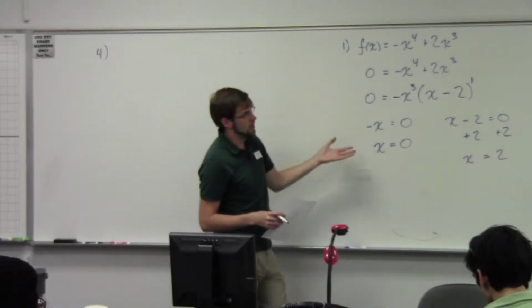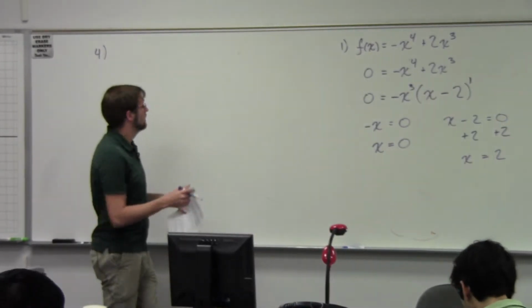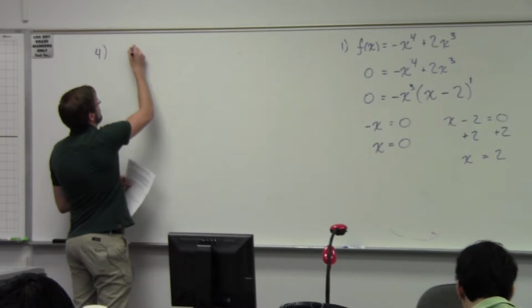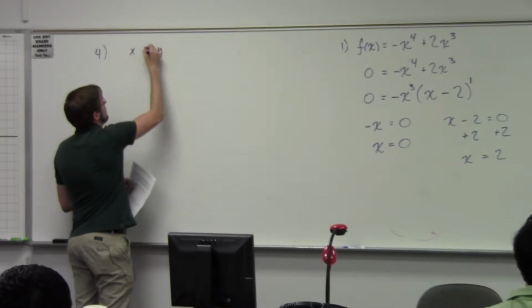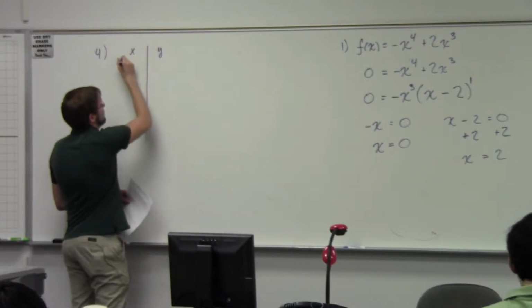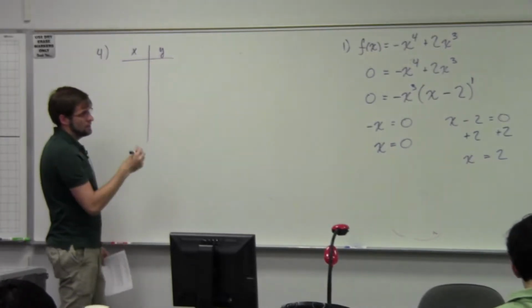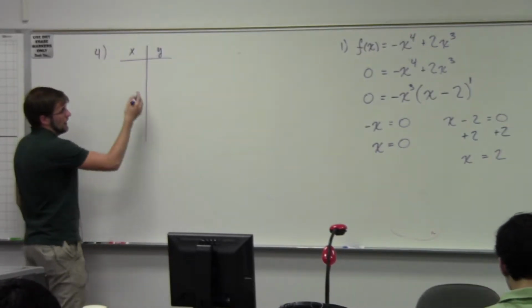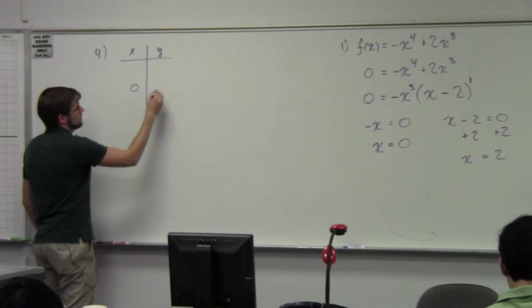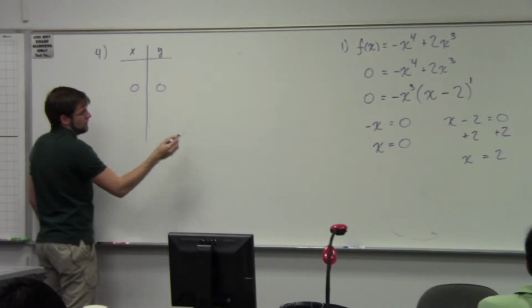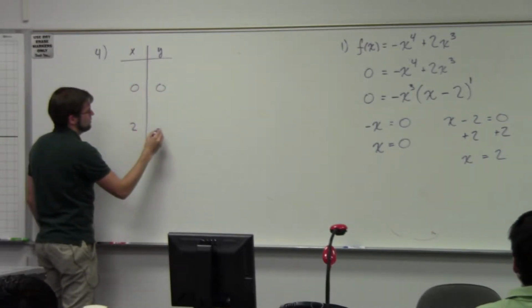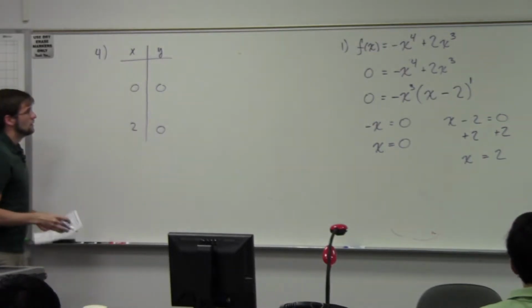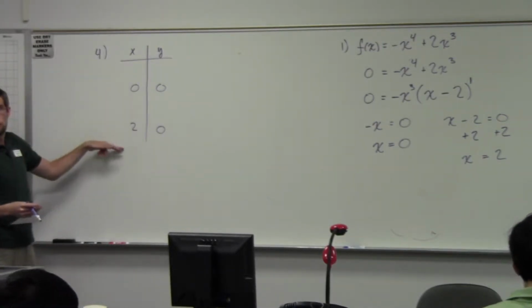So I need to find just a couple extra points. This is just for the additional points. I have a point when x is 0, y is 0, and I have a point when x is 2, y is 0. So I'm going to pick points around all three of these.